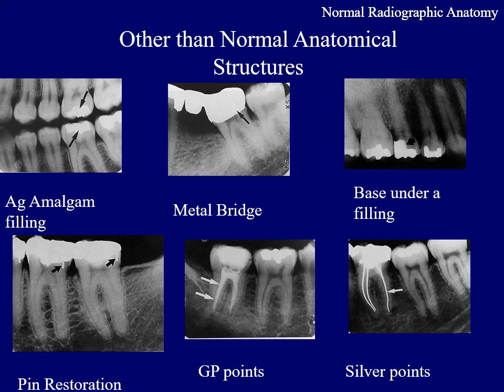These gutta-percha points appear completely radio-opaque, and the last image shows silver points, which again show completely radio-opaque density. But the densities of GP points and silver points vary. The silver points appear completely radio-opaque when compared with the GP points.